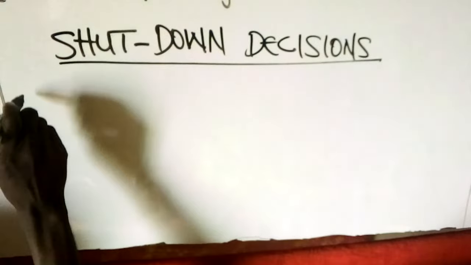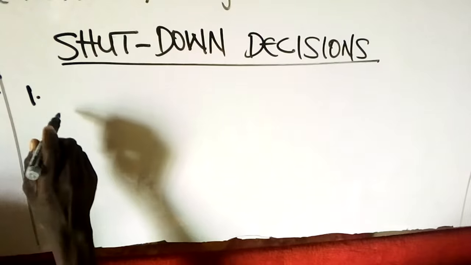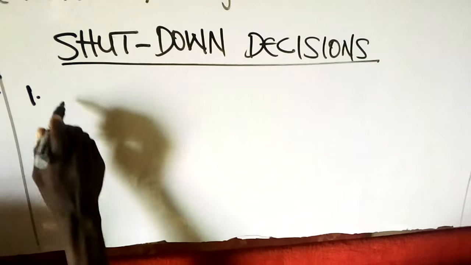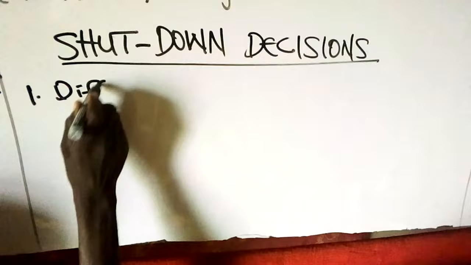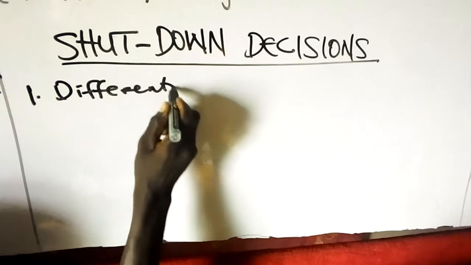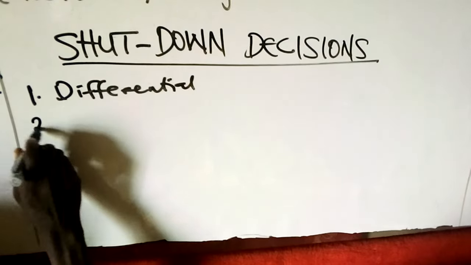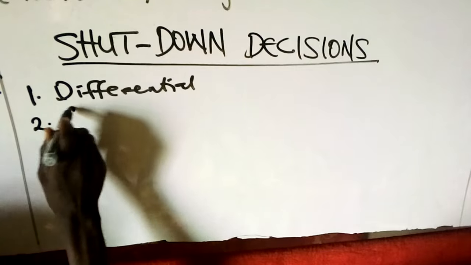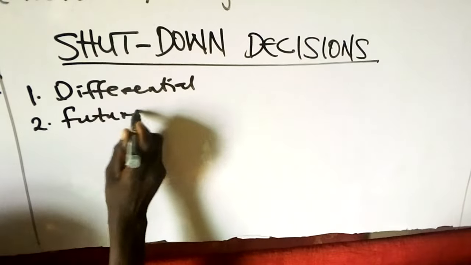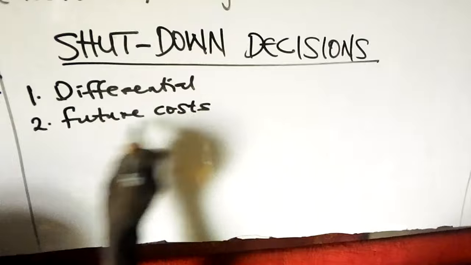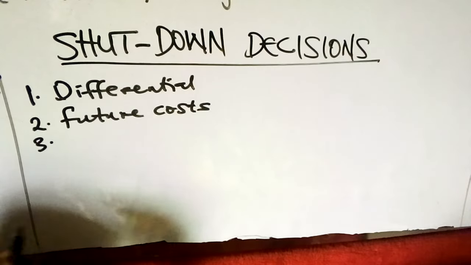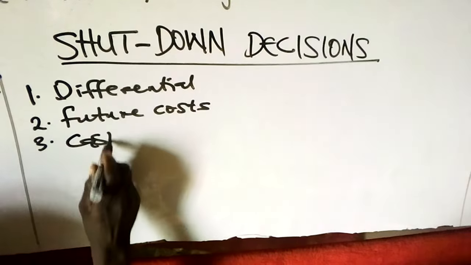From that definition, the key concepts are: number one, differential. Number two, future cost, that is future cash flows. Number three, cash flows.